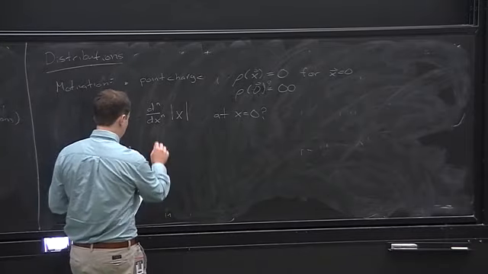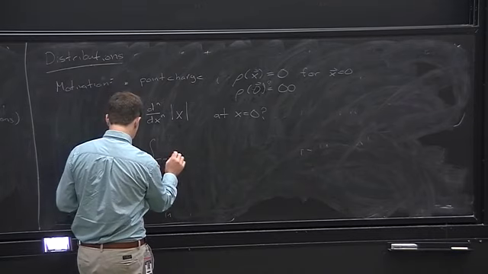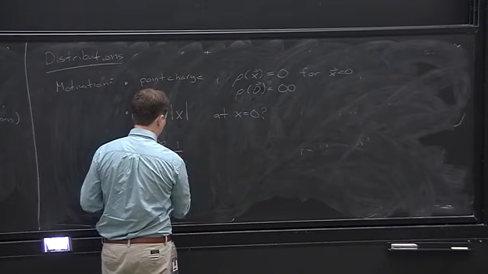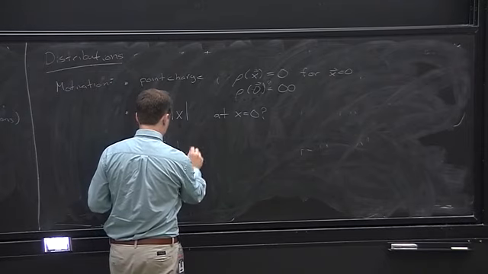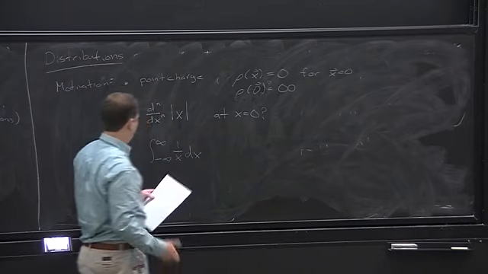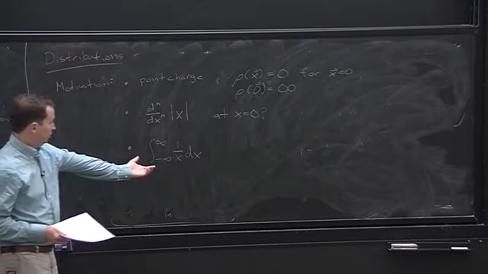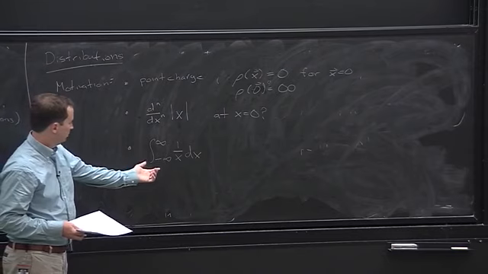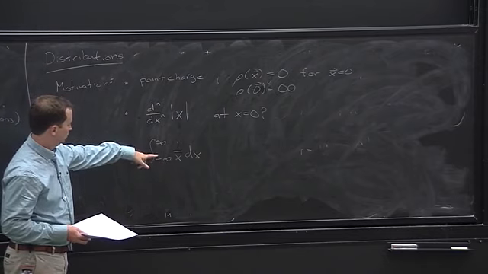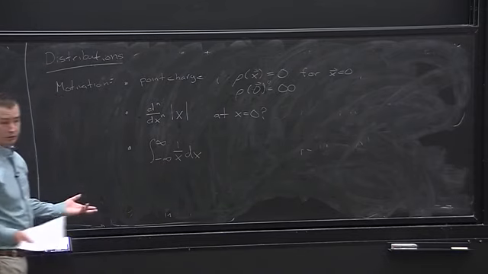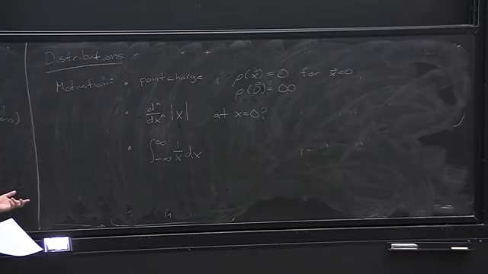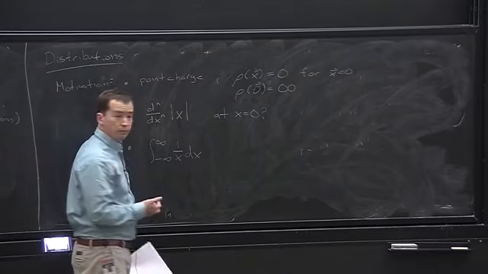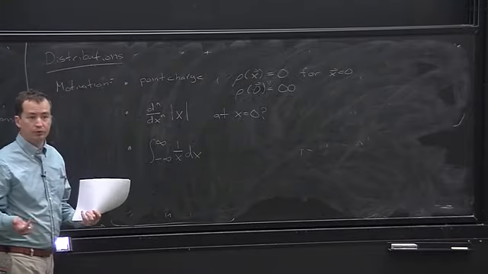Similarly, we can have seemingly ambiguous integrals, something like the integral from minus infinity to infinity of 1 over x. So you might like to argue that by symmetry this is 0, but the integrals from 0 to infinity and from minus infinity to 0 are both divergent.